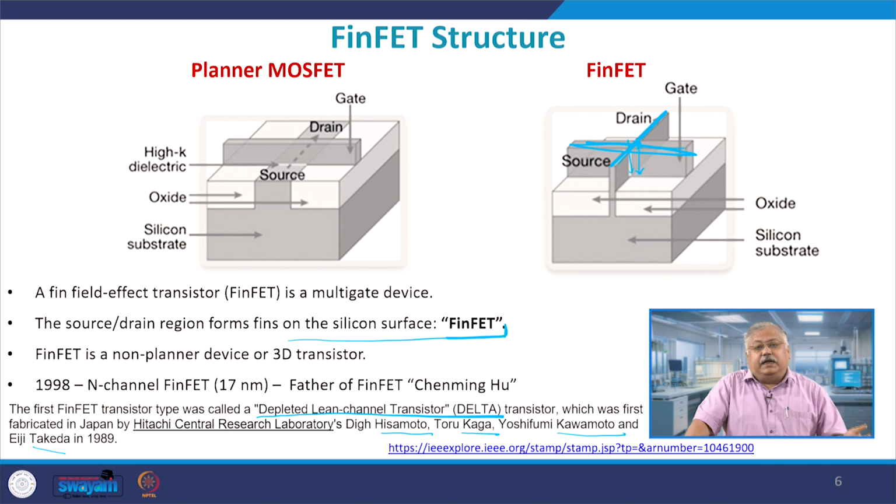However, in 1998, the first 17 nanometer FinFET was developed by Professor Chenming Hu, who is currently a professor in the US, and he is referred to as the father of FinFET. So, you see how it is different from a planar MOSFET: this is a 3D structure, with raised source and drain and raised channel. That is the main feature of these devices.